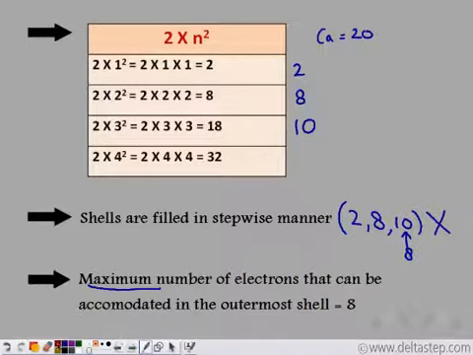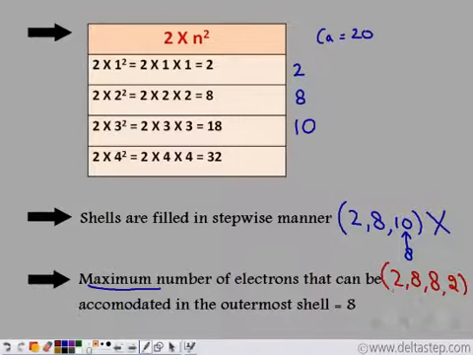So how do we write the electronic configuration of calcium? We write 2, 8. Since this shell can have a maximum of 8 electrons, we write 8. The remaining 2 electrons go to the last shell.